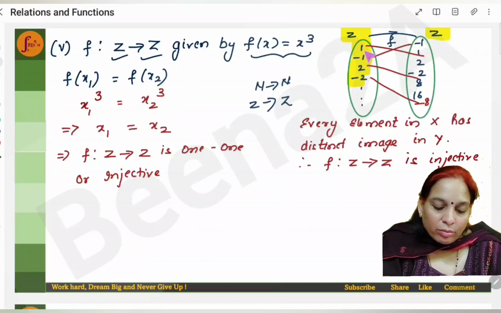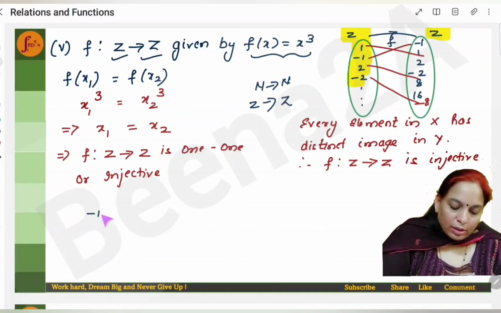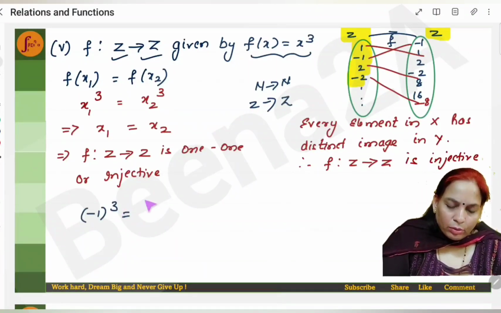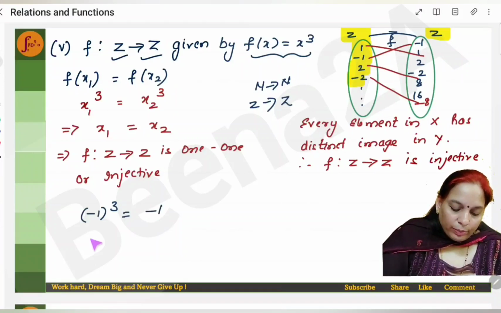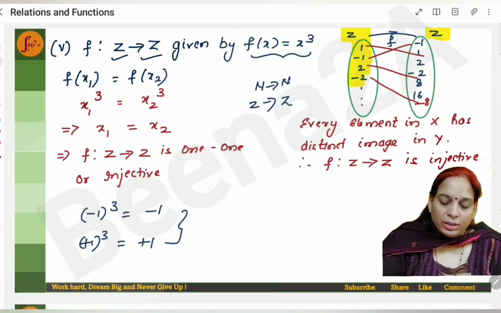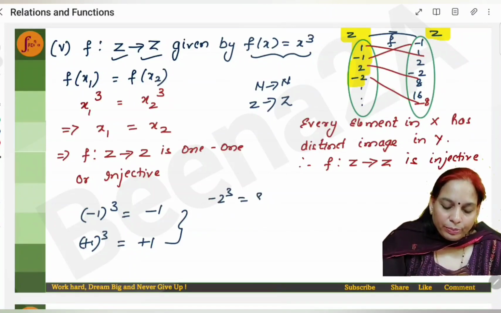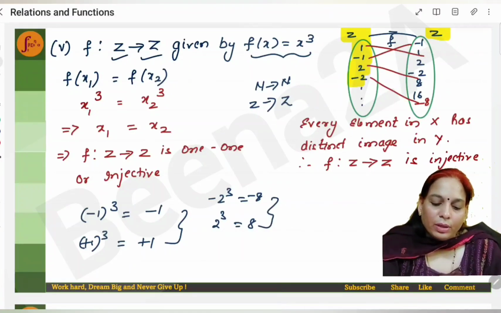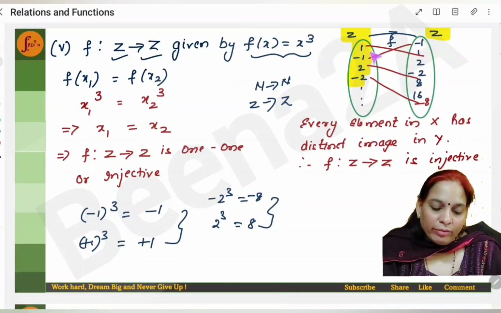In the case of integers, you'll have both positive and negative. Like I said, minus 1 the whole cube is minus 1. Plus 1 the whole cube is plus 1. So images are distinct. Minus 2 cube is minus 8. Plus 2 cube is plus 8. So there are distinct images. For every element in this set, there are distinct images in this set.